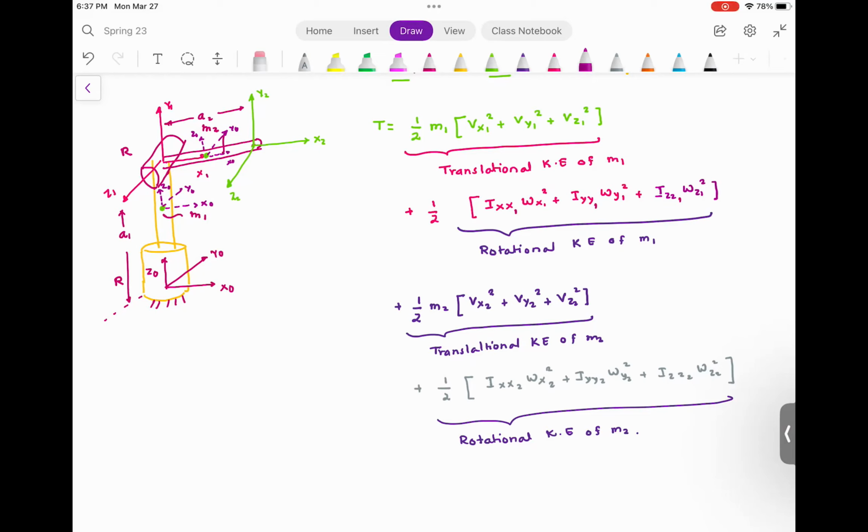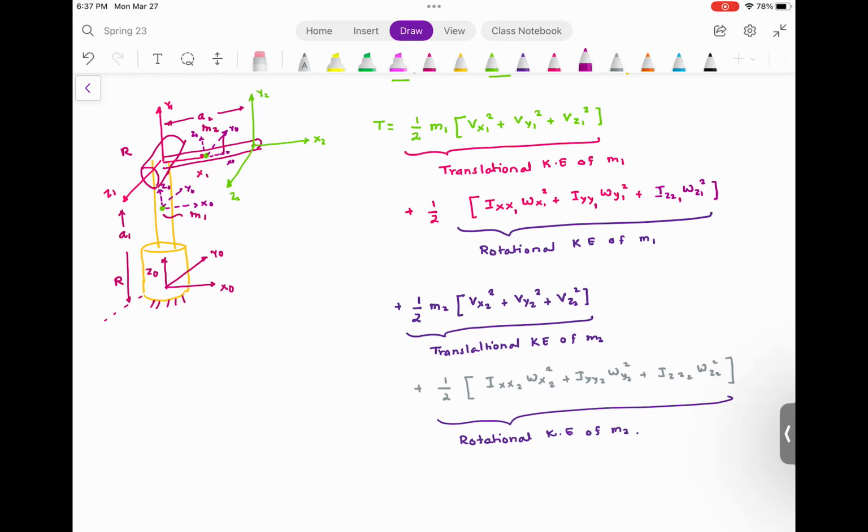1h2, and finally 0h2. All said and done, what we need to do is find the position of this mass. This is the centroid. So I would get px1, py1, pz1. Everyone understood this? I will get px1, py1, and pz1.